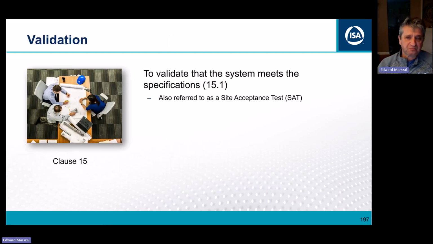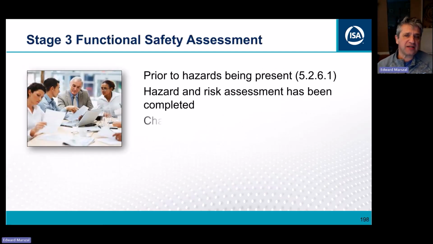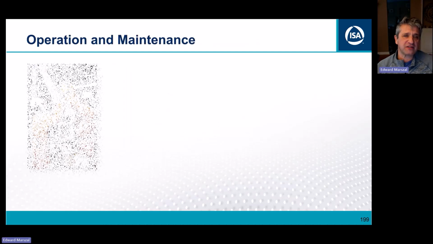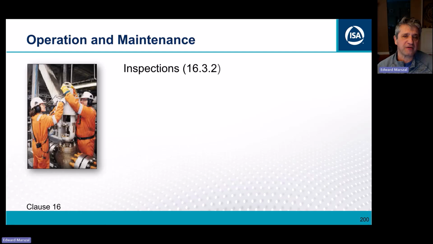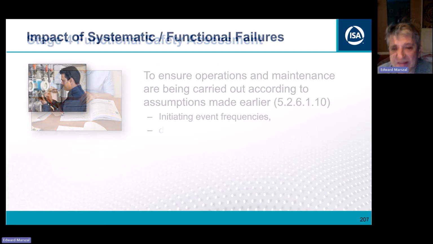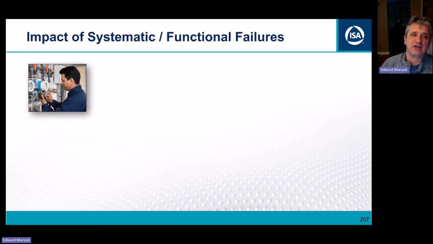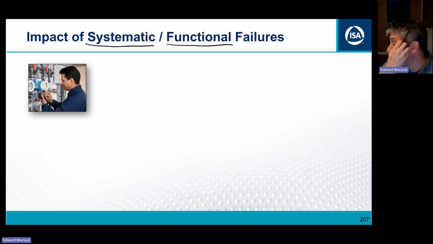Okay, so validation, functional safety assessment, we're going to talk about a little bit more. There's a slide that I'm getting to here, if you bear with me for a second. Now, at the end of the EC50 class, we have this last slide that talks about the impact of systematic failures, of functional failures.